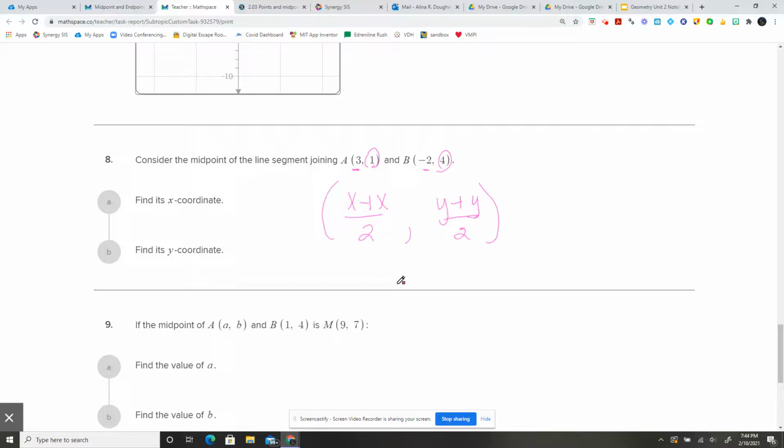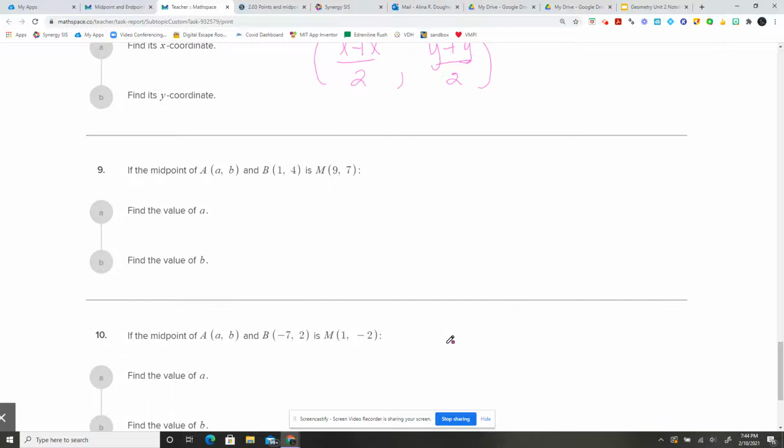If M is the midpoint of AB, so this is an endpoint, this is the other endpoint, and this is the midpoint. This is where we're trying to find that endpoint. So we need an end, and we need a middle, and we're trying to find the other end. So it's kind of worded differently.